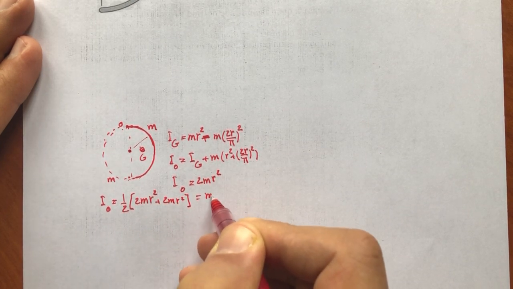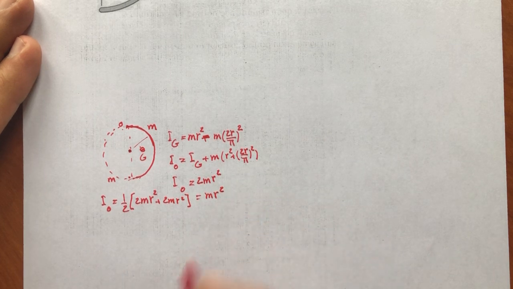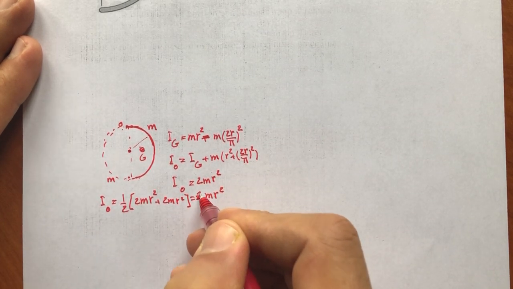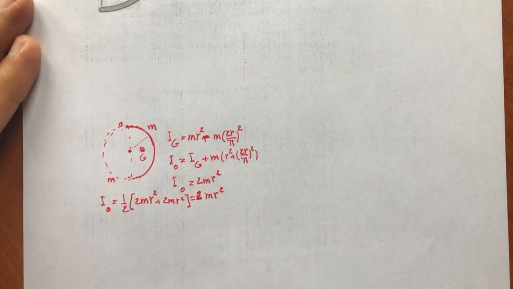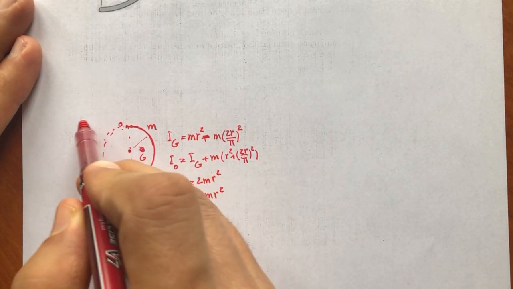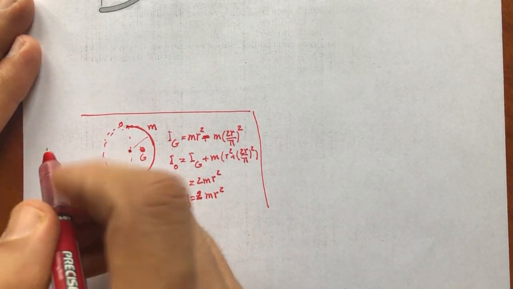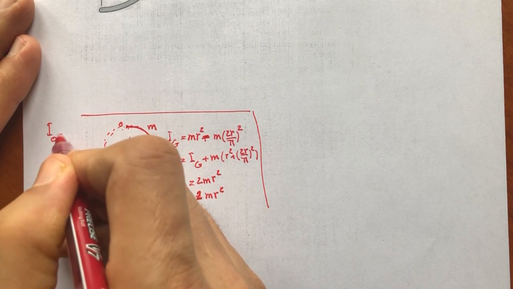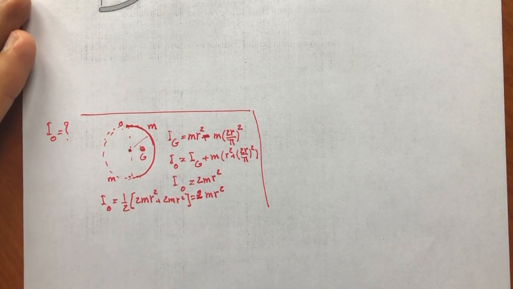It's going to be 2mr squared. Same number. So this is a side note to find the mass moment of inertia about O.